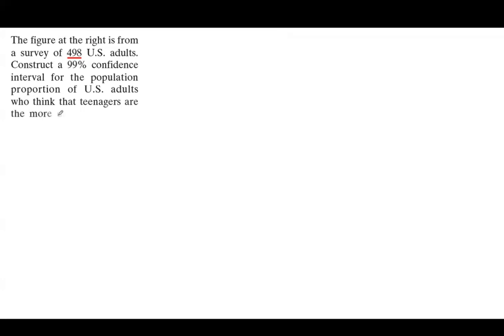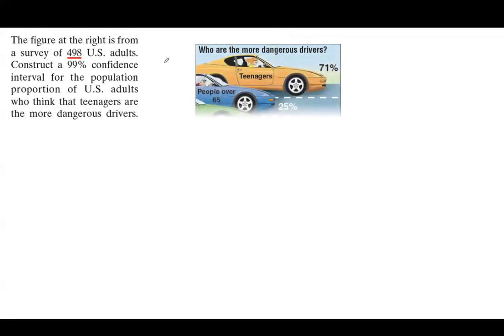Very good. So let us look at our page and see what information is given to us. Who are the more dangerous drivers? Out of 498 people, 71% of them said teenagers, 25% of them said people over 65, and 4% say, hey, we don't have any opinion, we don't know.